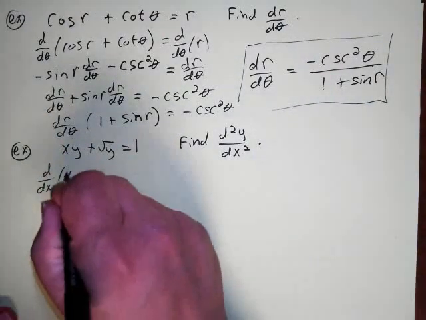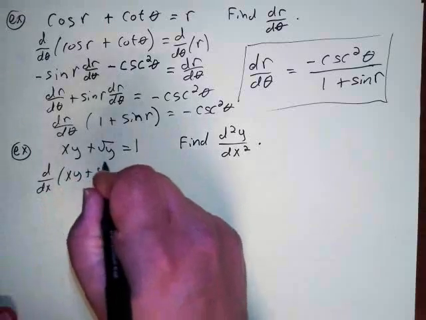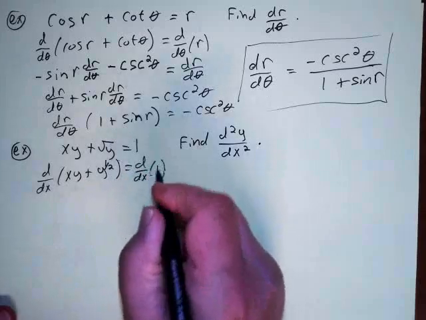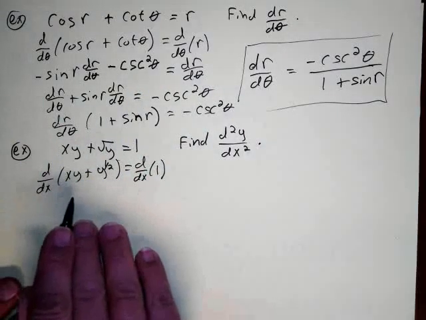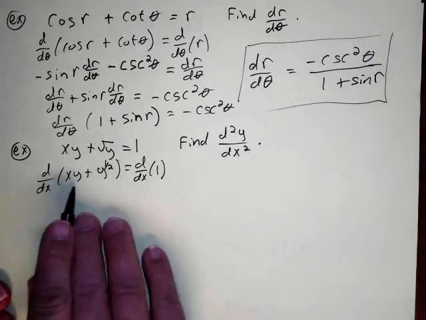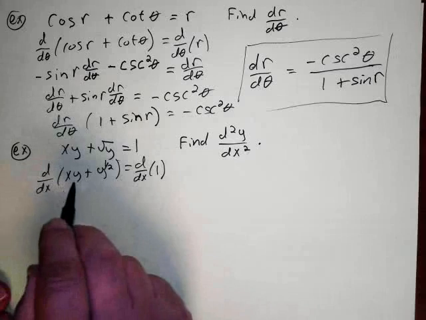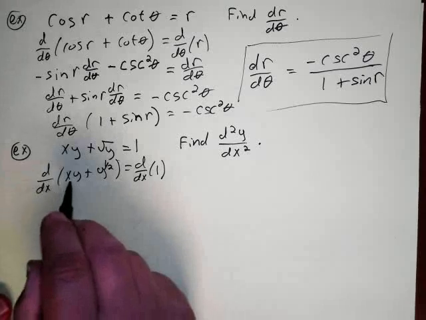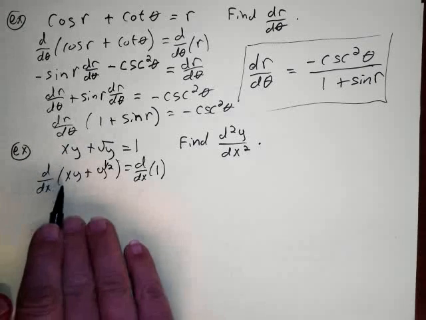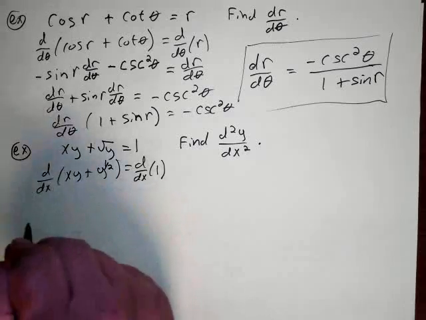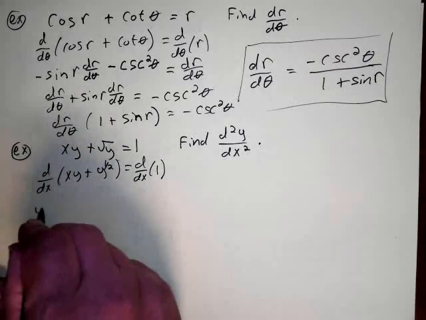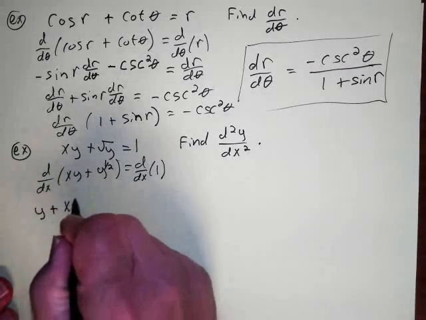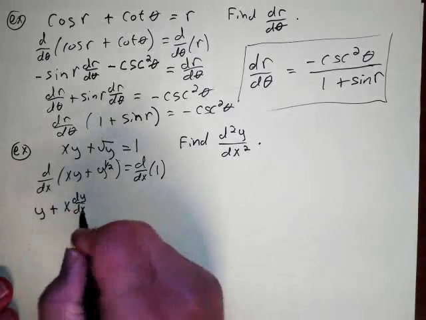So taking the derivative of this side, and I'll write that as y to the 1/2, and the derivative of this side. So taking the derivative here, this will be like the product rule, and so what I'll get here is I take the derivative of x, which is 1, times y, so it'd be just y, plus x times the derivative of y, and so that would be x dy/dx, so it would look like that.